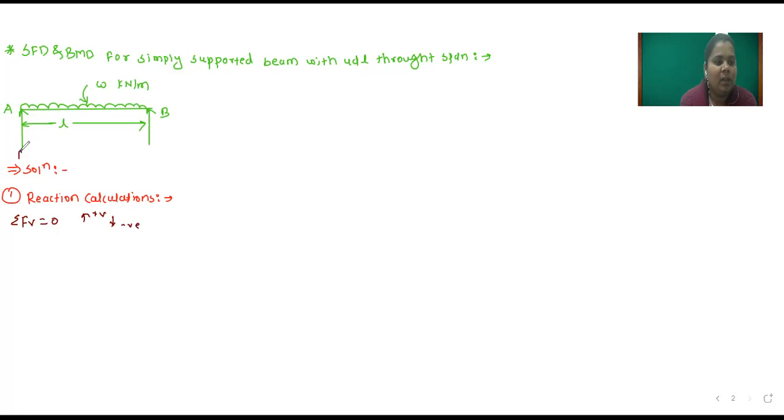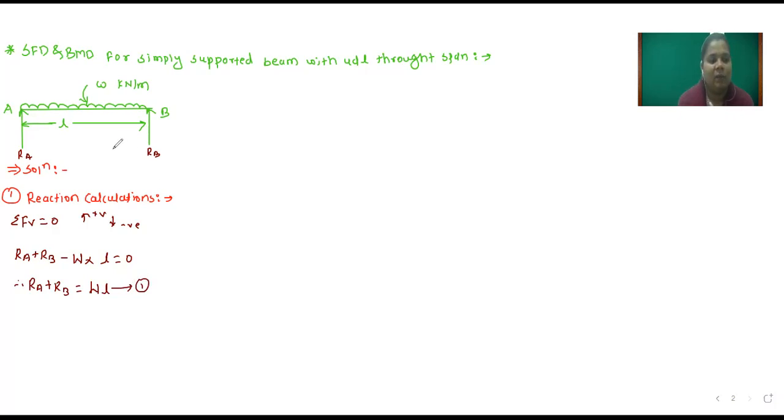So summation FV is equal to RA plus RB, because RA and RB go in the upward direction, and this W kilonewton per meter force goes downward. So minus W into, since this is uniformly distributed load, we multiply by L, which is equal to 0. Therefore, RA plus RB is equal to WL. So this is our equation 1.